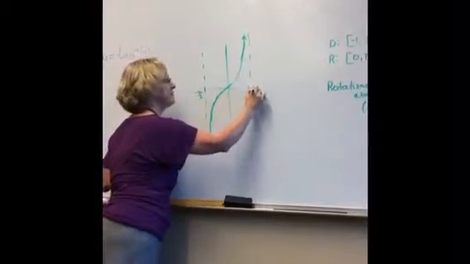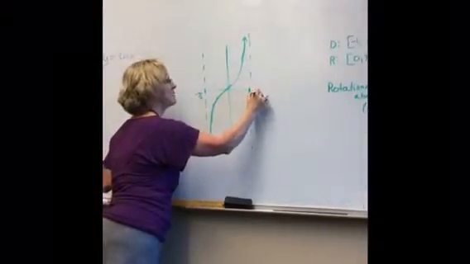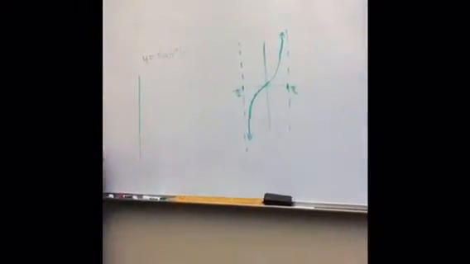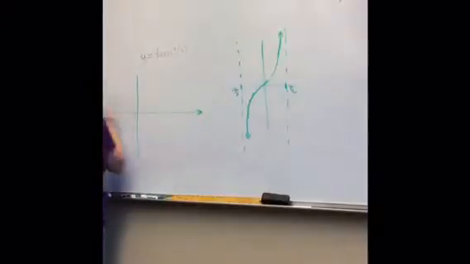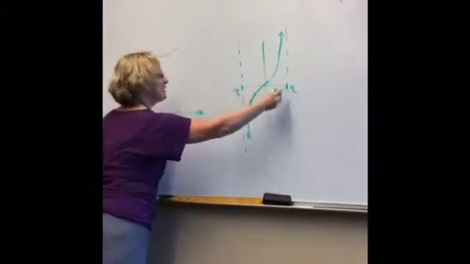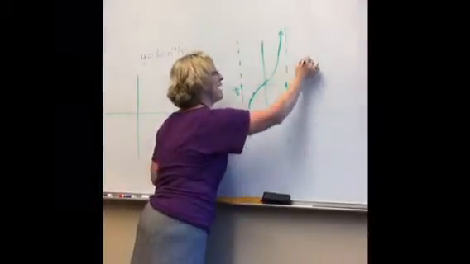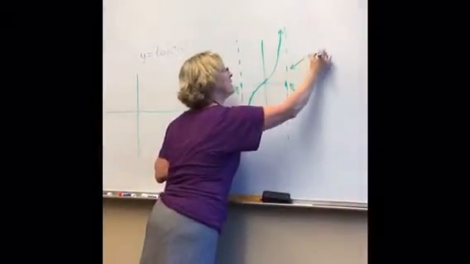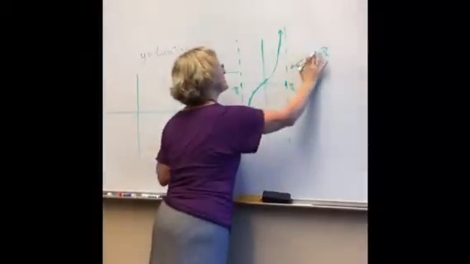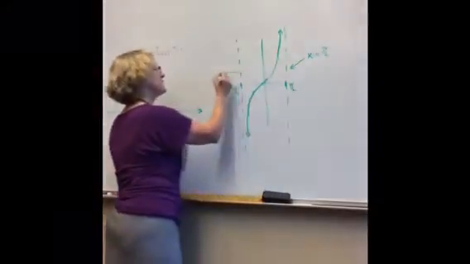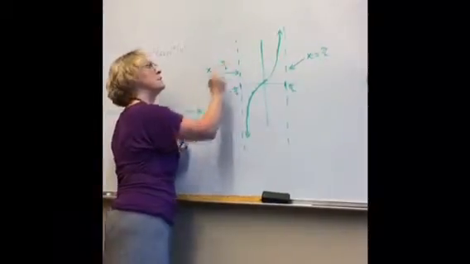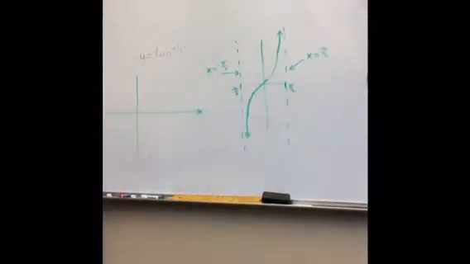And what is this value? Pi over 2. Now when I go to graph the inverse of this guy, see, it gets real close to these asymptotes. This asymptote right here is x equals pi over 2, and this one is x equals negative pi over 2. Those are our vertical asymptotes.